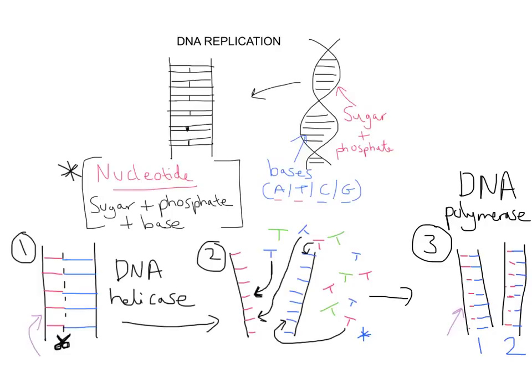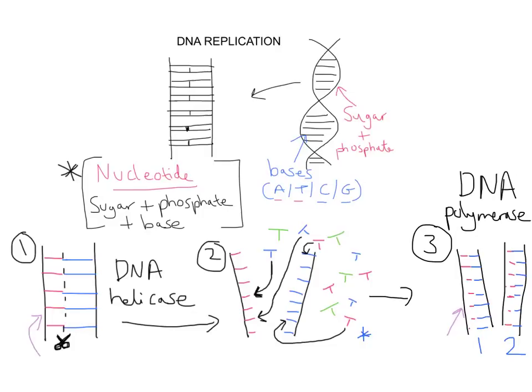DNA polymerase, it's an enzyme that joins those nucleotides onto those separate strands to give what I've drawn in number 3, these two identical copies of the DNA molecule. We actually seal the nucleotides together on those newly formed strands using another enzyme called DNA ligase. But you certainly need to know about helicase and polymerase primarily. But there is a third one, DNA ligase, which will seal those nucleotides just to strengthen the bonds between them.